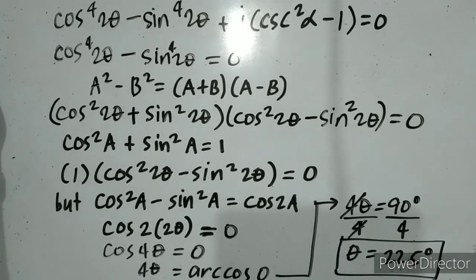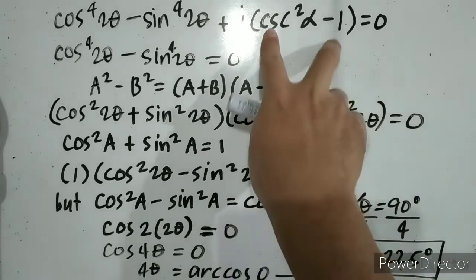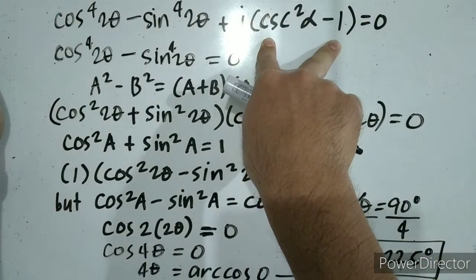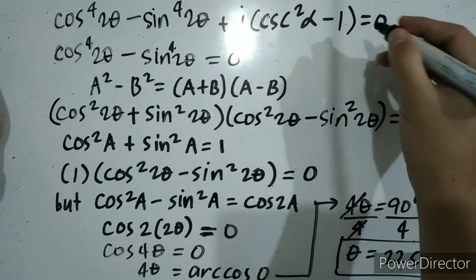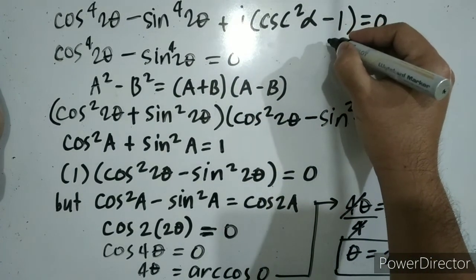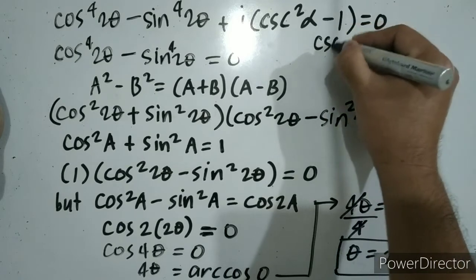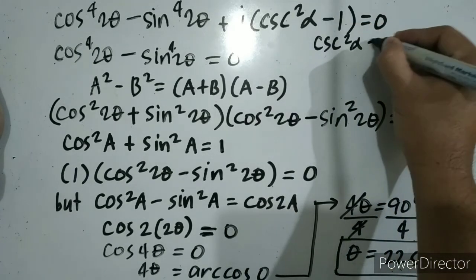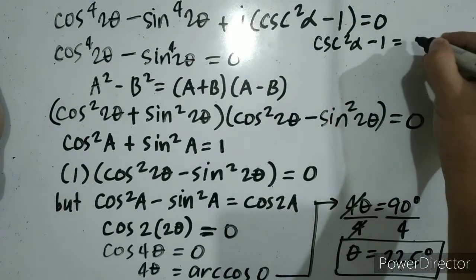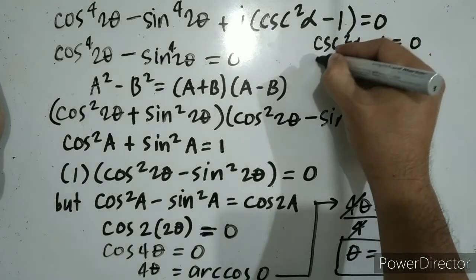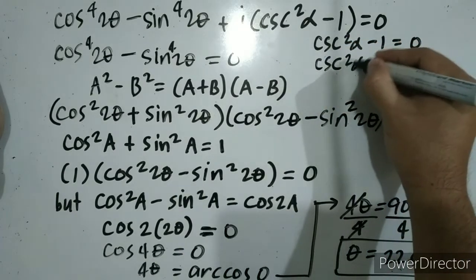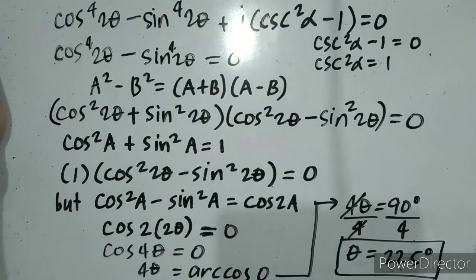We now solve the other side, which is cosecant squared alpha minus 1, and we equate it to 0. So cosecant squared alpha minus 1 equals 0. Transposing 1 to the other side, we have cosecant squared alpha equals 1.